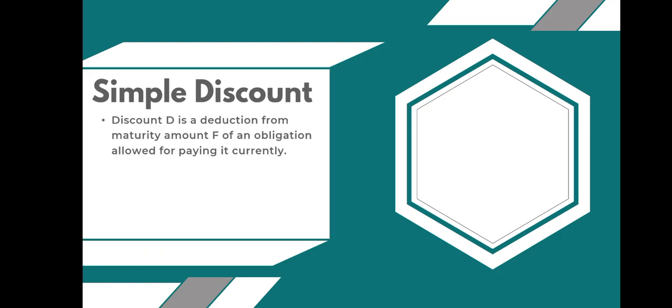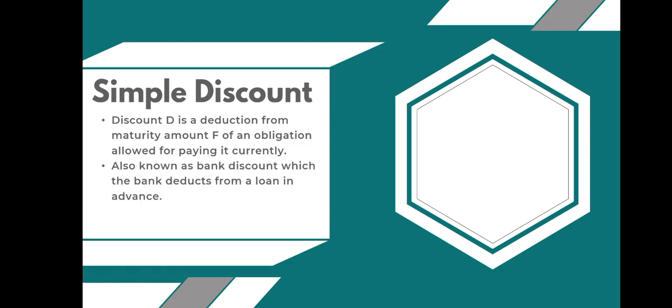Okay, now let's proceed to the next part of our lesson, which is the simple discount. So, ano ba itong simple discount? Discount, also denoted as D, is a deduction from the maturity amount F of an obligation allowed for paying it currently, also known as bank discount, which the bank deducts from a loan in advance.